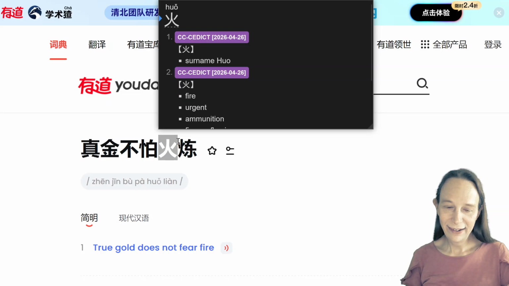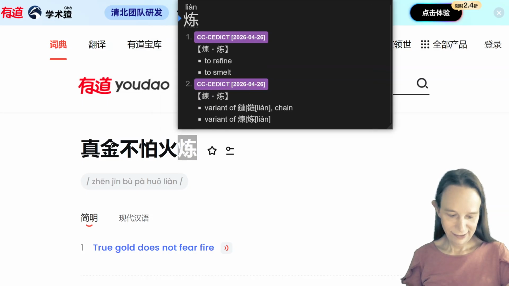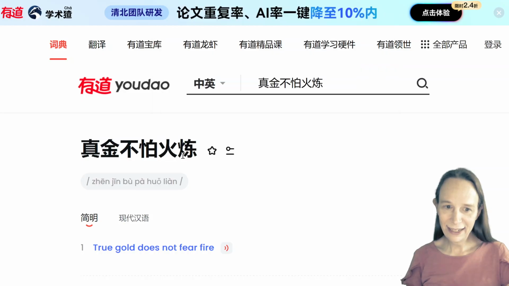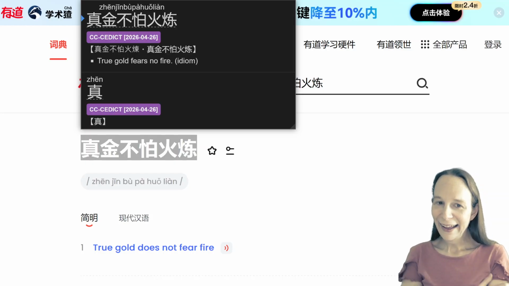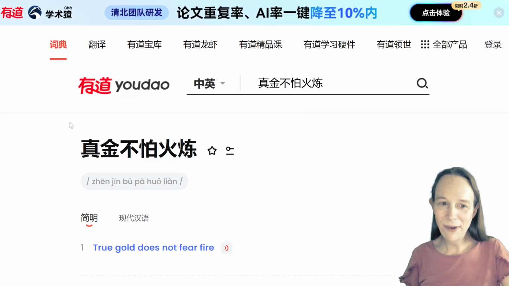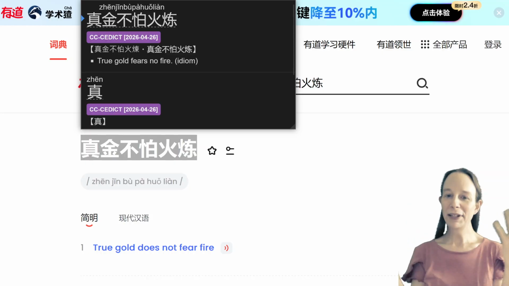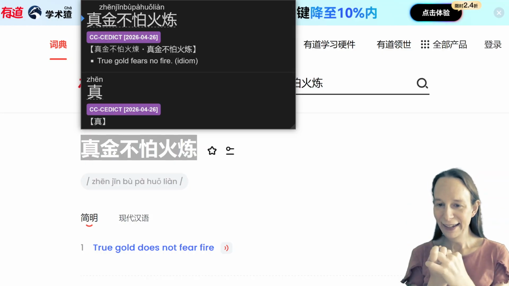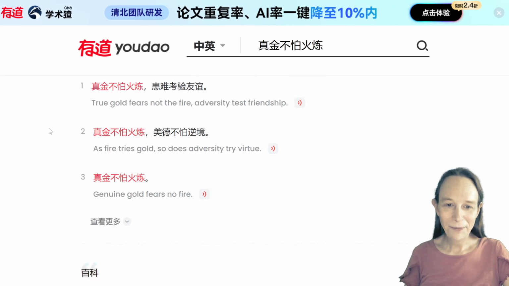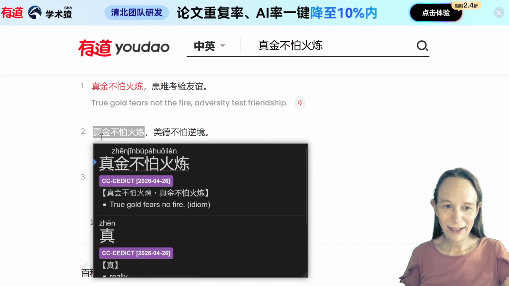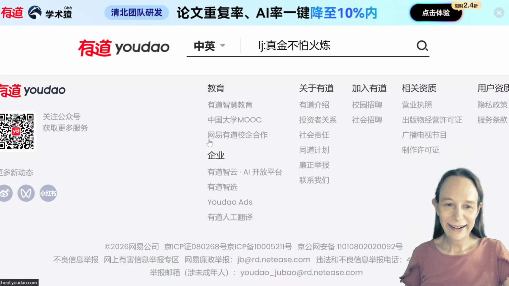So it refers to someone who genuinely has skill, so they're not afraid of it being tested because they genuinely have the skill, right? Yeah, adversity tests friendship. Is it a 歇后语 or something? I don't know.